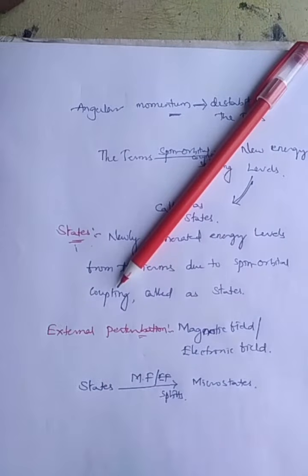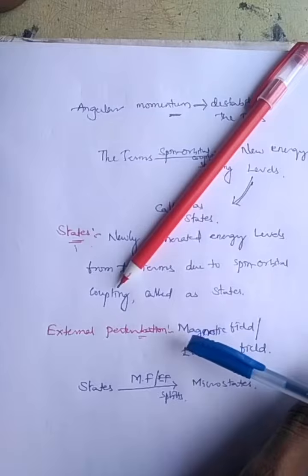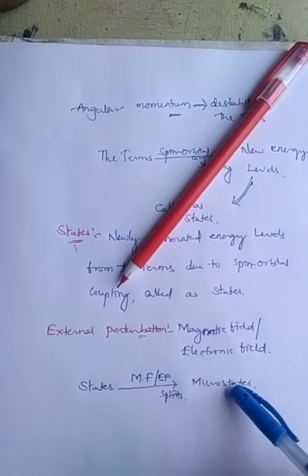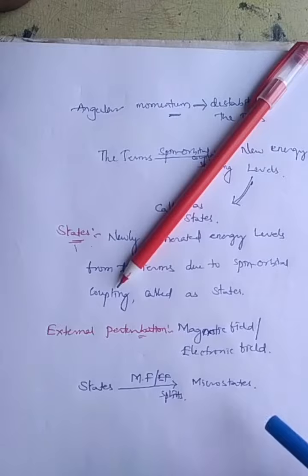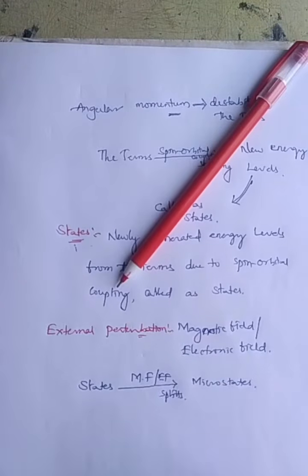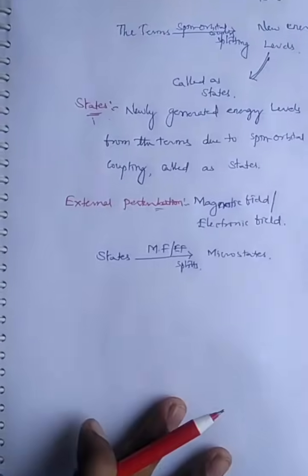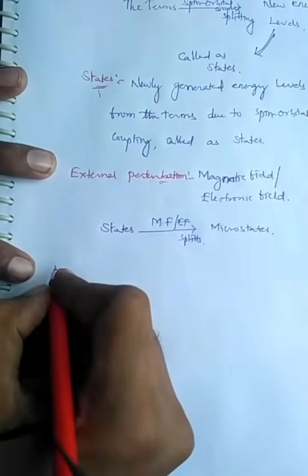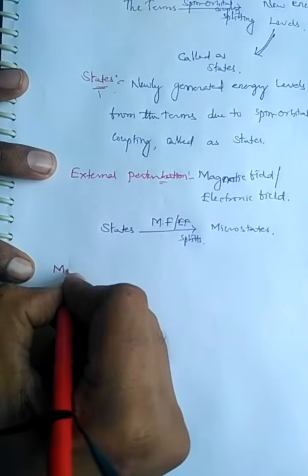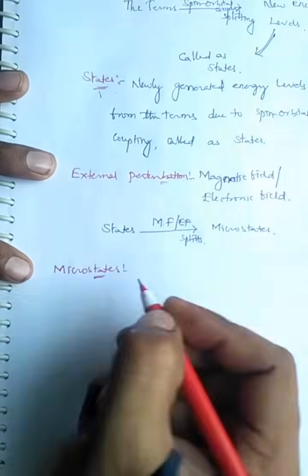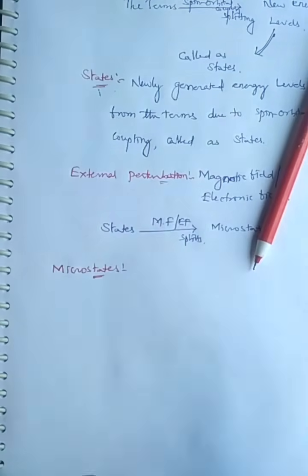So that is how internal and external perturbations influence electronic arrangements and give new energy levels, called by various names: terms, states and microstates, right? So now here I define the microstates.